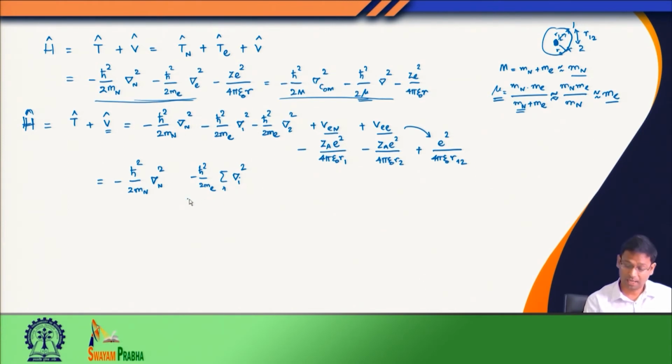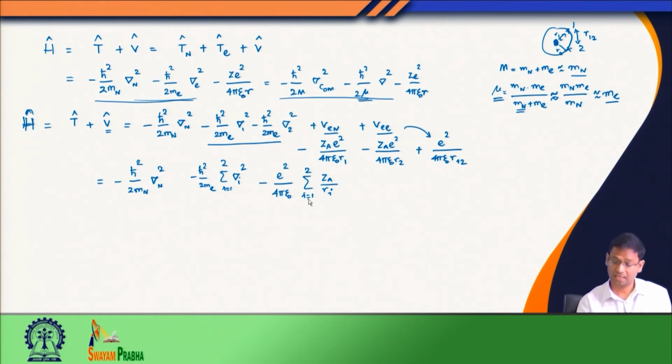Okay. So, the kinetic energy of all the electrons, I express in terms of a summation, where i goes from 1 to 2. This accounts for these two terms, and now let us look at this term. I can bring out e squared divided by 4 pi epsilon 0 and some Z divided by r_i, where i goes from 1 to 2.